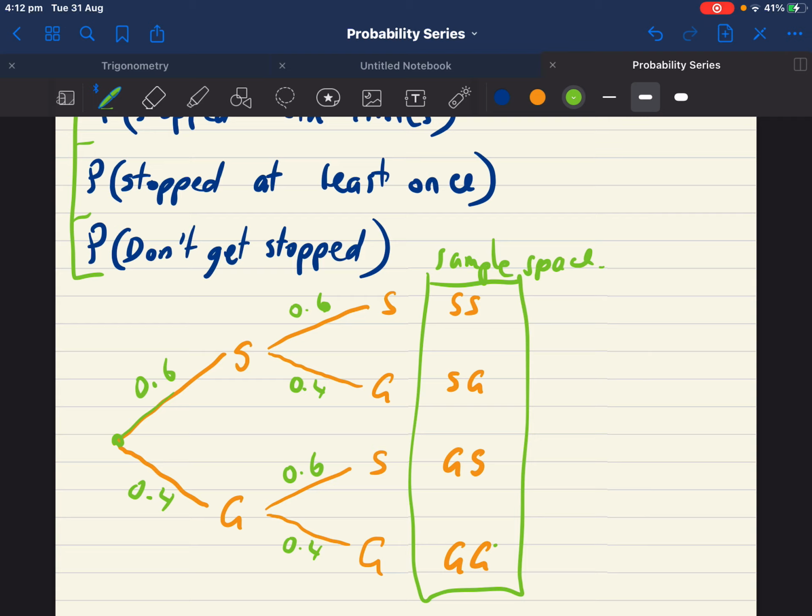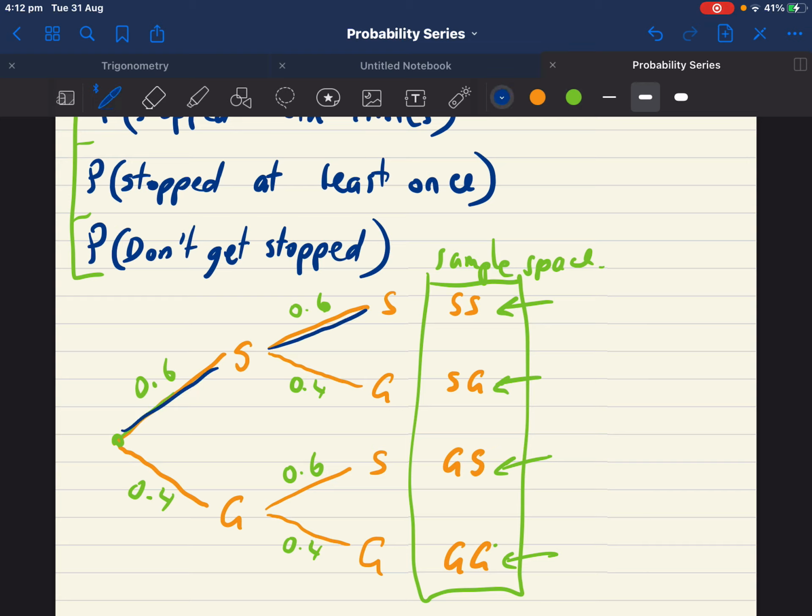The reason we've done that is because now we can actually find the probability of each separate event. And the way we do it is to multiply the probabilities along the branches that led to that point. So the top one, the probability you get stopped both times, well, that was this arm and this arm.